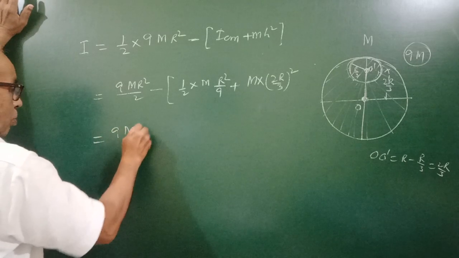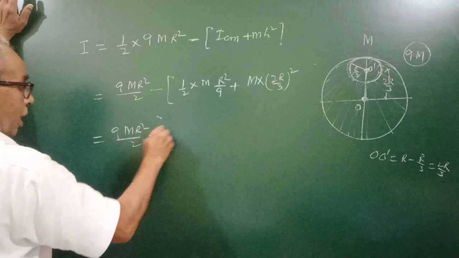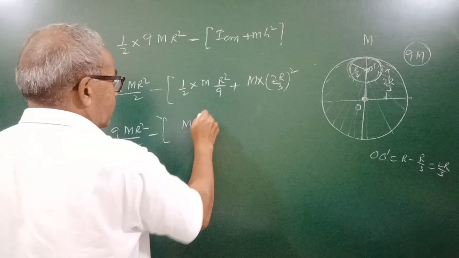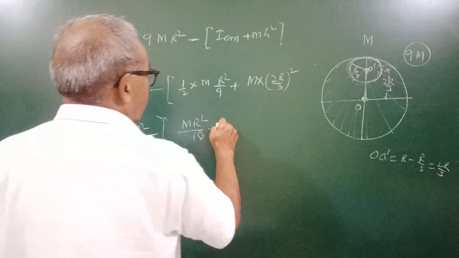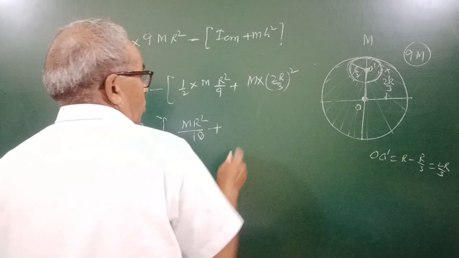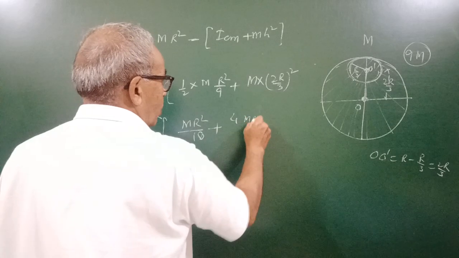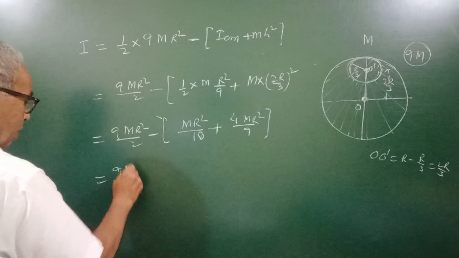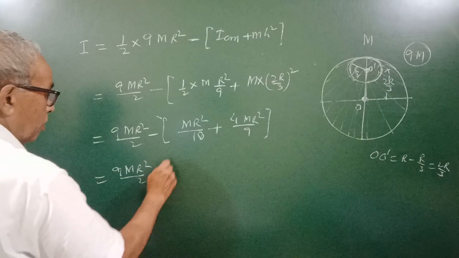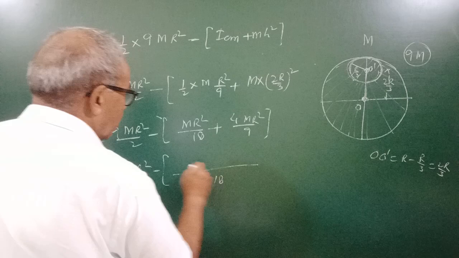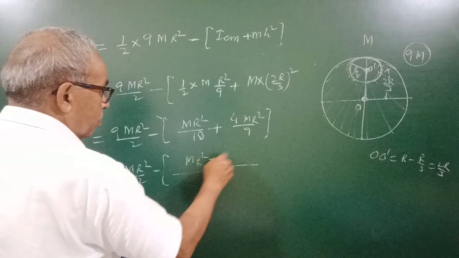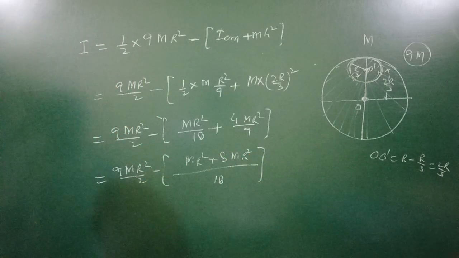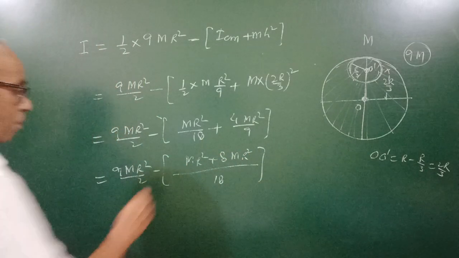So it is 9mr square upon 2 minus mr square by 18 plus 4mr square upon 9. Taking the LCM, 18: 9mr square by 2 becomes 81mr square by 18, minus mr square, plus 8mr square.